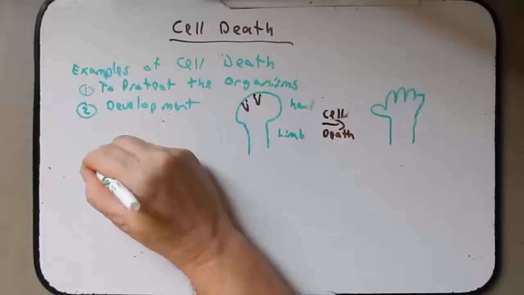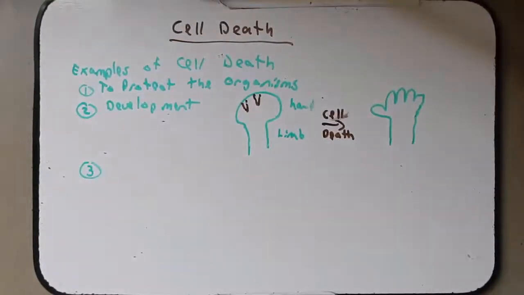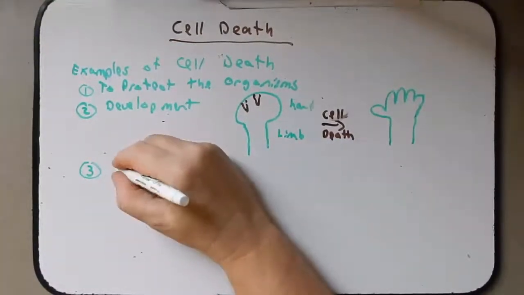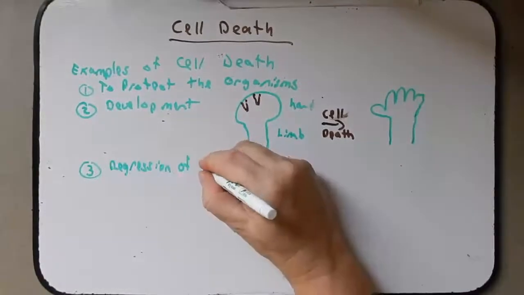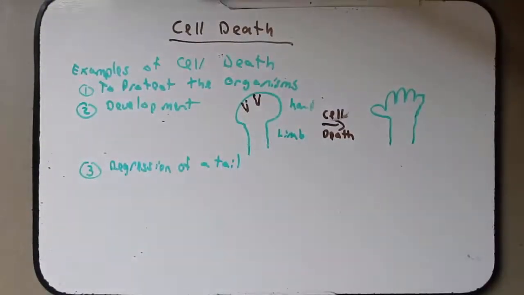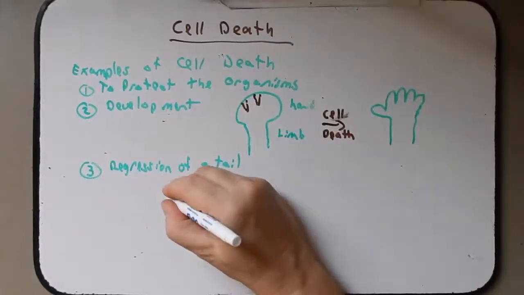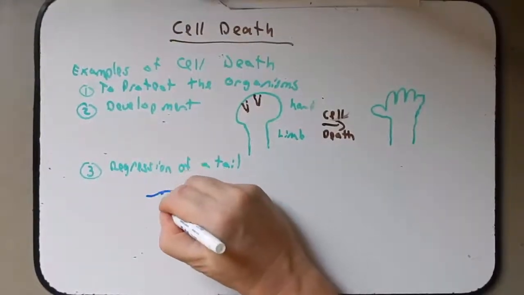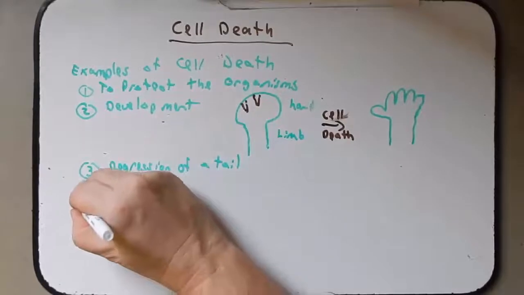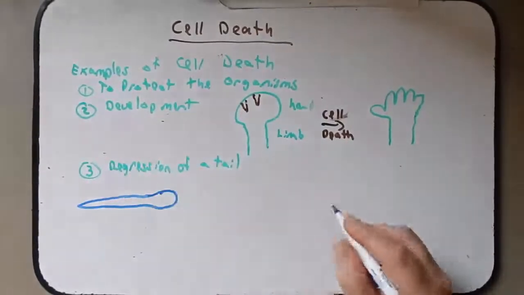The next example, and probably the last one I'm going to talk about for now anyhow, is the regression of a tail. Now sometimes this tail is formed because it's useful. So let me draw a tadpole. And I suspect this tadpole will be the best tadpole you've ever seen. Oh, that's awesome.